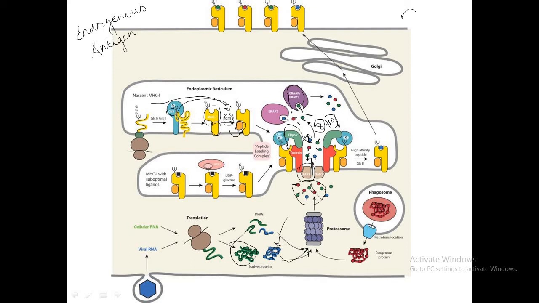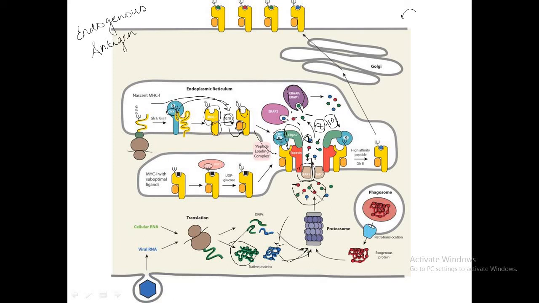But when this binding site is empty, MHC1 molecules are not stable. So to increase its stability, another chaperone, calreticulin, binds and loads this MHC1 complex into this protein loading complex.